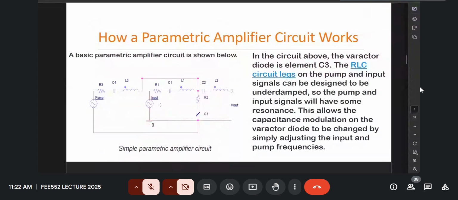So here I have a very simplified parametric amplifier just to help us understand the basic operation of this amplifier.